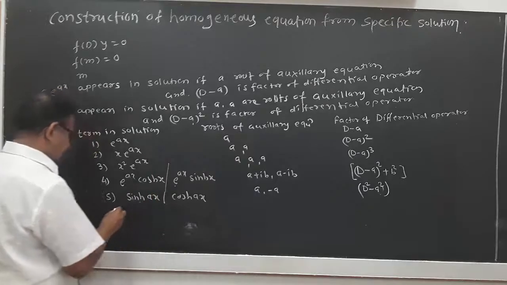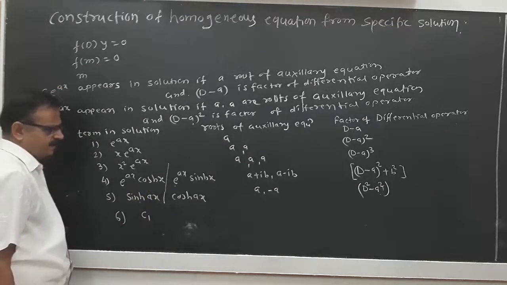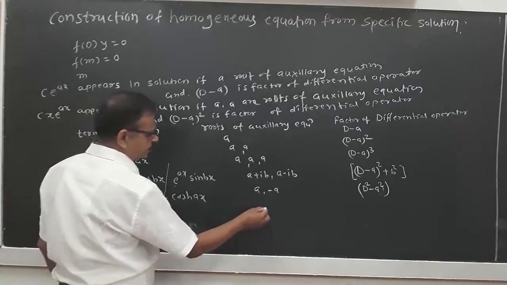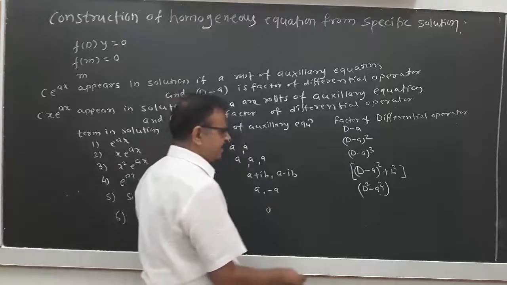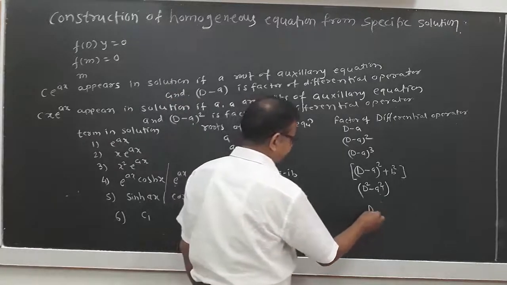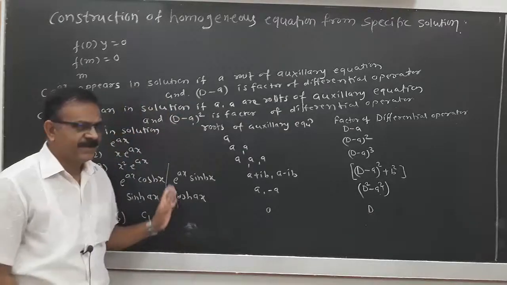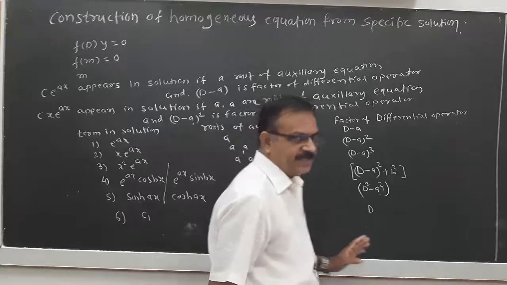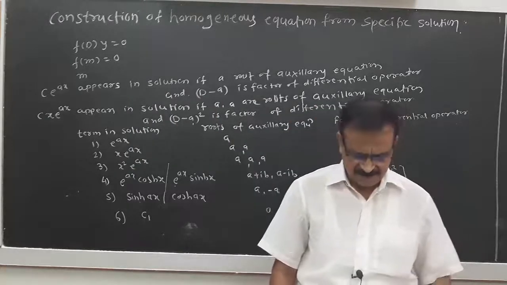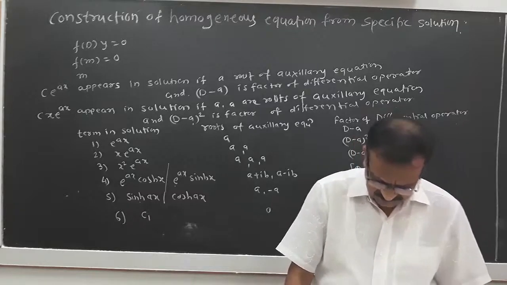And only a constant term appears in the solution if the root of the auxiliary equation is 0 and the factor is D. If we remember these things, then we can construct the differential equation from the solution of the equation.